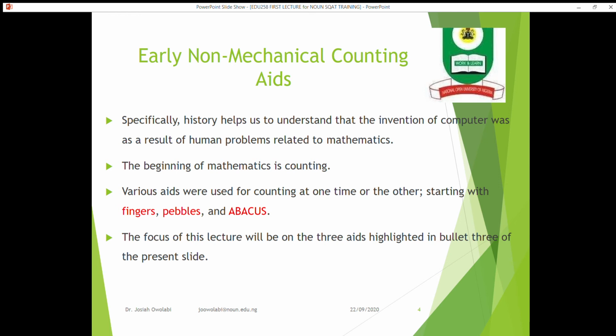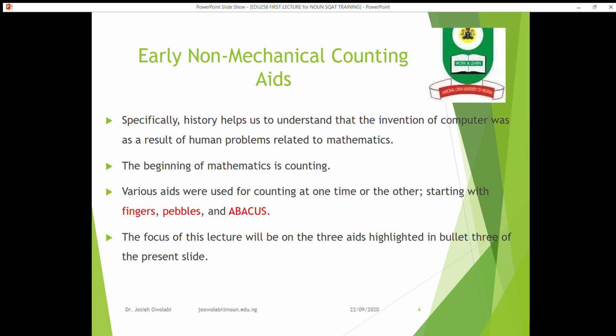Now we look at a little bit of the history of computer, just a small portion of that. Of course, I just showed you the fourth generation computer. As a matter of fact, that was not where it started. The genesis of the invention of the computer was problems related to mathematics, human problems related to mathematics. By the way, I told you the other time about Professor Charles Babbage.